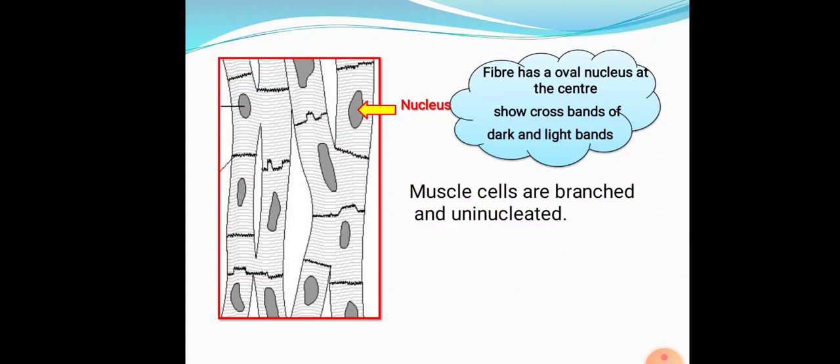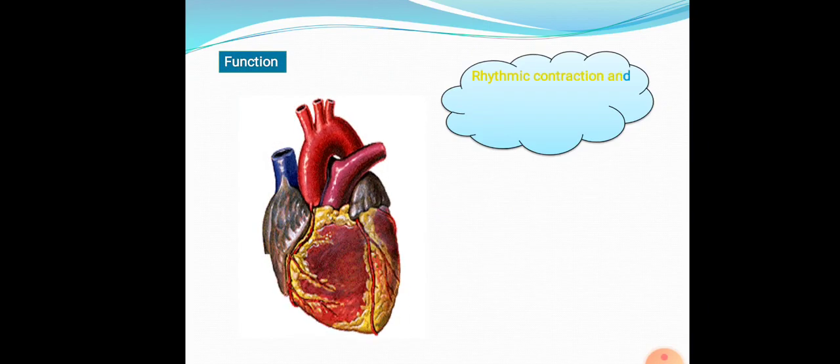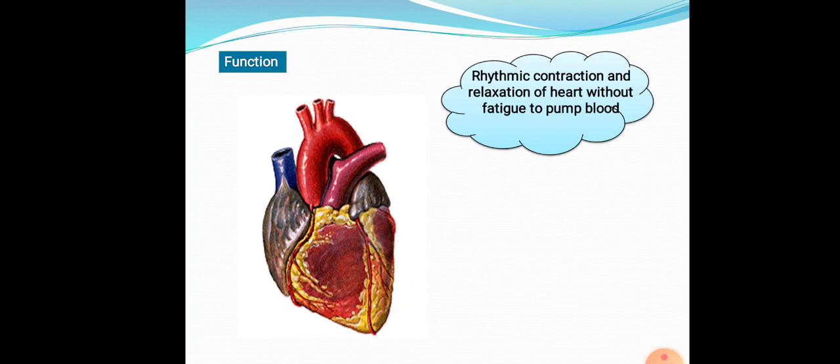Here you can see the cells which show branches, and a single cell consists of only one nucleus, so it is uninucleated. What is the important function of cardiac muscle? It helps in rhythmic contraction and relaxation of the heart without fatigue to pump the blood.